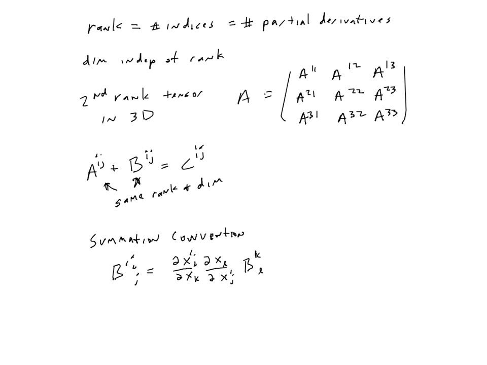And you can see that the k is repeated between the b and this first term, and the l is repeated between here and here. And since this one is considered contravariant, this is considered covariant. This is considered contravariant, that's considered covariant. And so because we're repeating those indices, it just implies a summation instead of actually having to write it out.